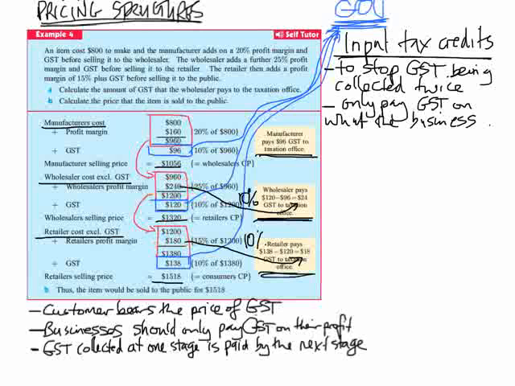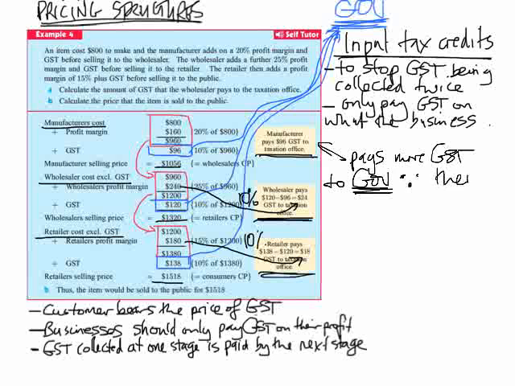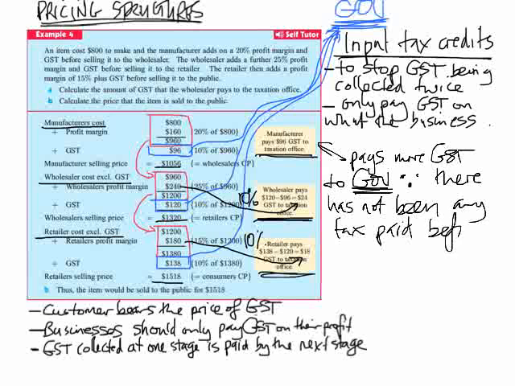So hopefully that explains why the manufacturer is a little different. I'd probably say that the easiest way to think of why the manufacturer pays more GST to the government is because there has not been any tax paid before them.